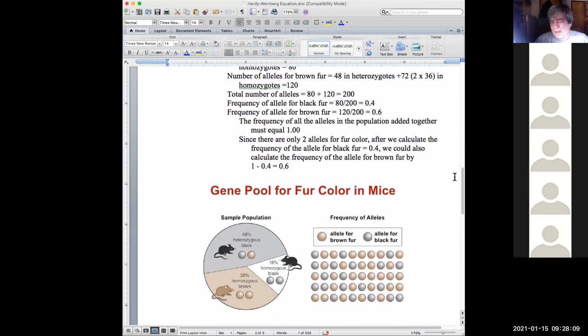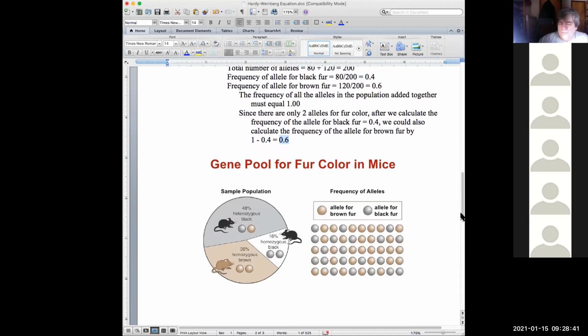Now, there's another way that we could do this. As soon as we calculate one of the alleles, so suppose as we're working a problem like this, we go through and we figure out that black fur is 0.4. That's the frequency. The other way we can do this is, since we know black fur, we can take 1 minus the frequency for black fur, and that tells us the frequency for the other allele, because we know the 2 of them have to add up to 1.